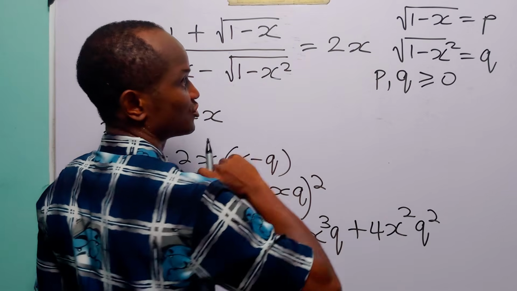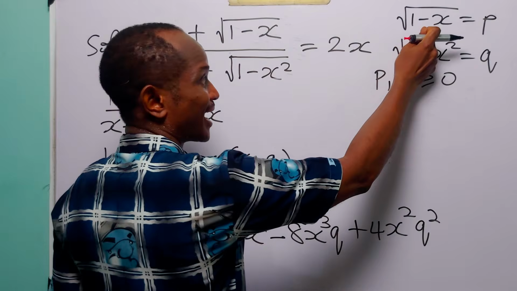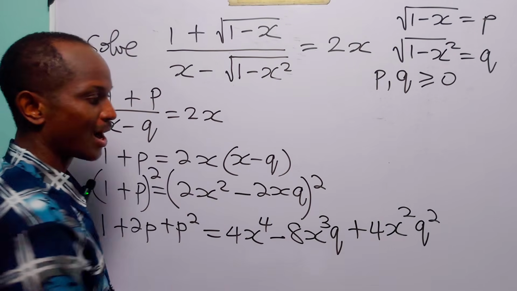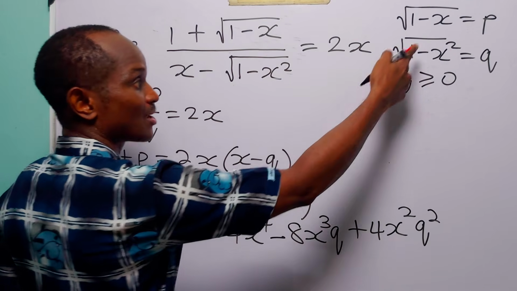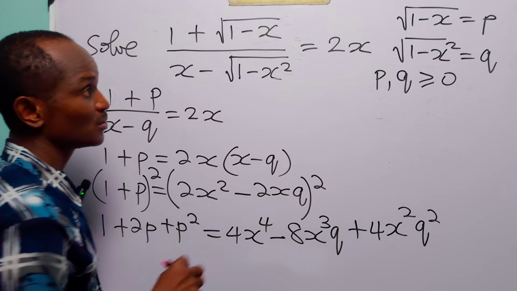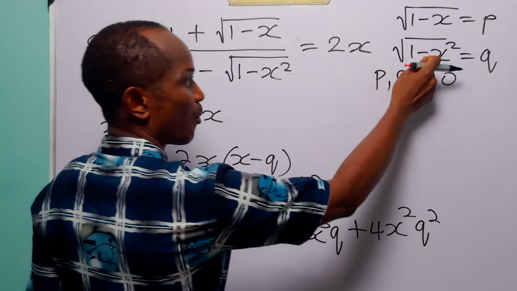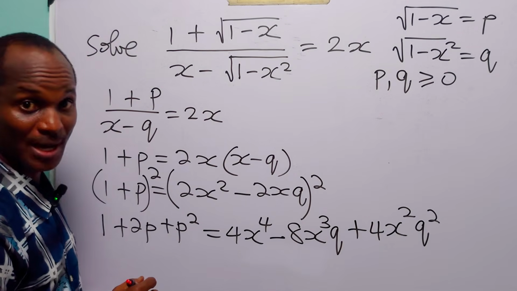Now, go back to the substitution. Of course, you know that p squared is 1 minus x, while q squared is 1 minus x squared. So what we are going to do is that we will substitute 1 minus x for p squared and 1 minus x squared for q squared.